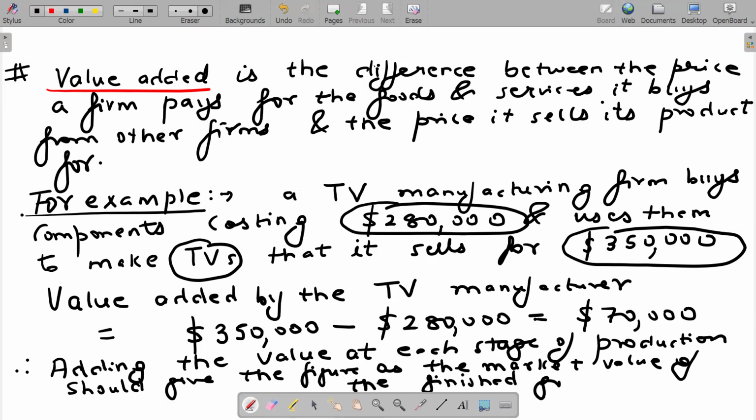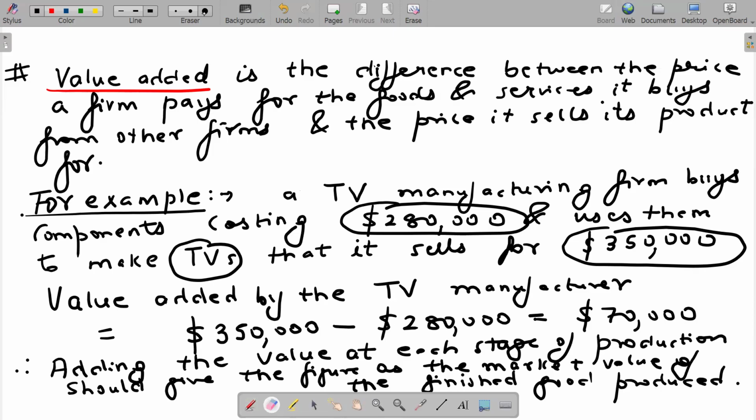Market value of the finished good produced. That means at every stage of production, if I just keep on adding the value added, the sum of all those value addeds will give you the final value of the output.